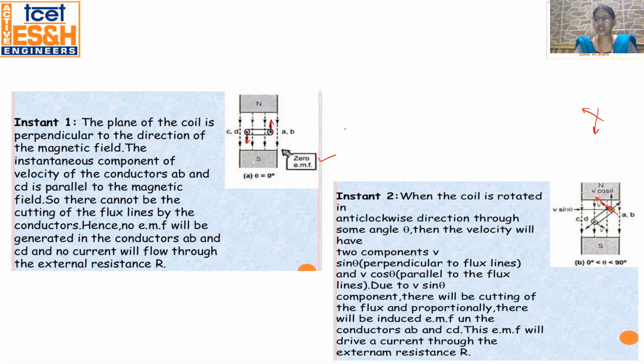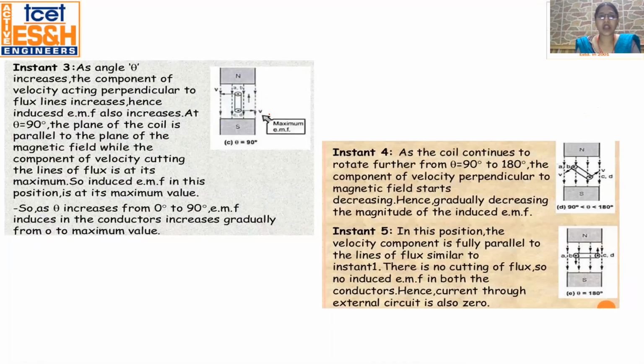So there is voltage generation. Now at this particular moment, this is the velocity component and this is the magnetic field, so maximum EMF is generated.